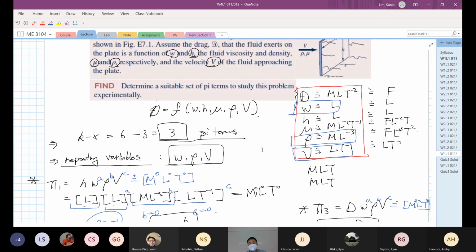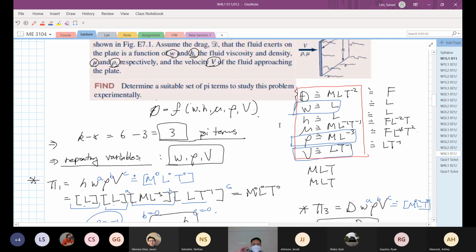You should have one problem in the exam to solve the pi terms. And do not worry about choosing the repeating variables. As I told you before, you can choose either rho or mu in this case. If you're confused about which one would be better, and you don't have time or don't know, just pick anything.